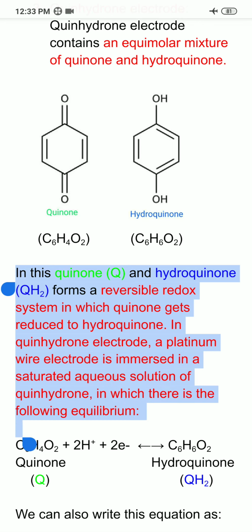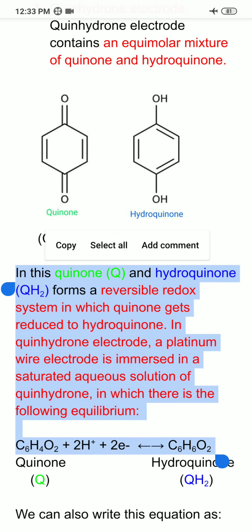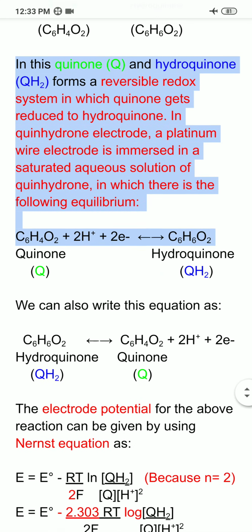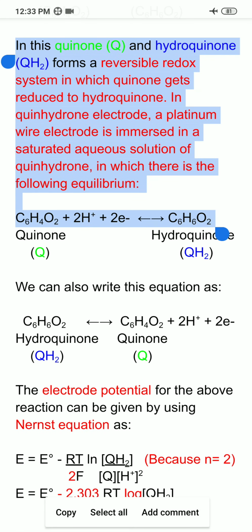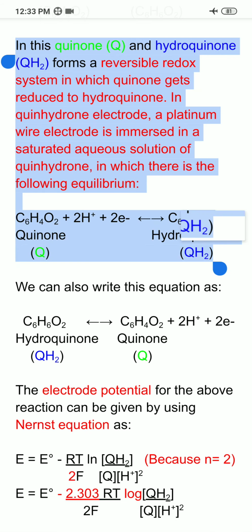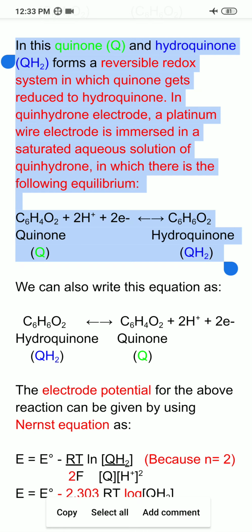So I can write C6H4O2 plus 2 protons plus 2 electrons forming C6H6O2. So quinone on combining with 2 protons and 2 electrons forms hydroquinone. So I have written Q is changing into QH2.